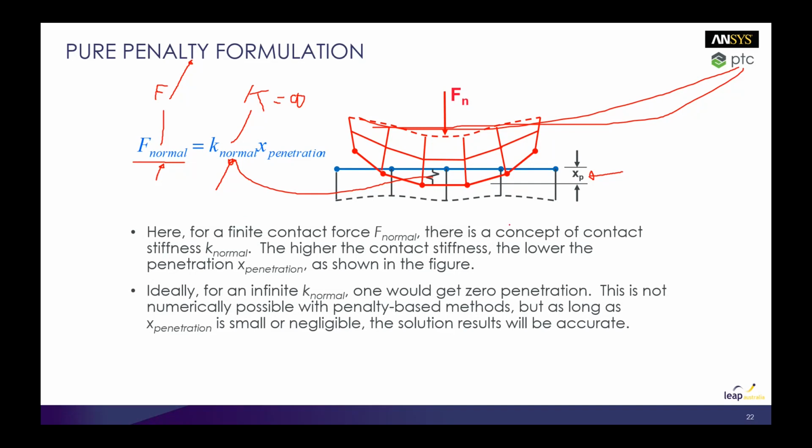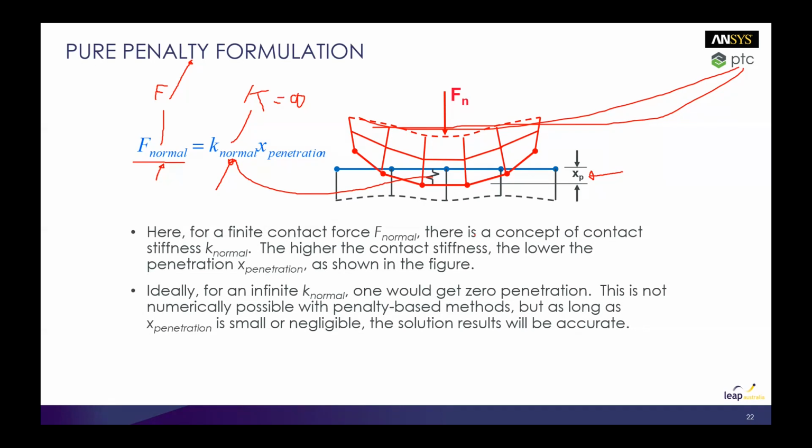The more accurate result is to have your penetration as small as possible, but you just want it to be something realistic. If you've got a 100mm shaft, you might allow, say, a 0.1mm penetration. 1mm of penetration might be too big.